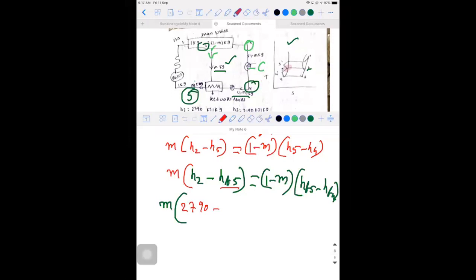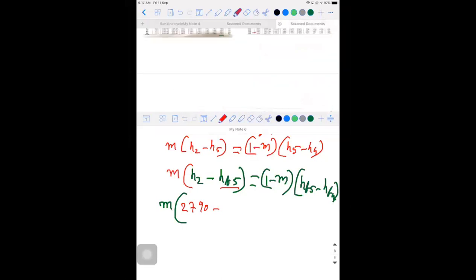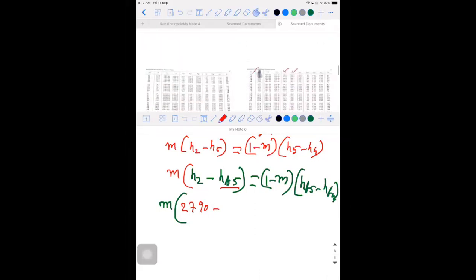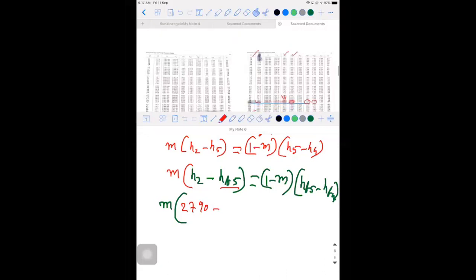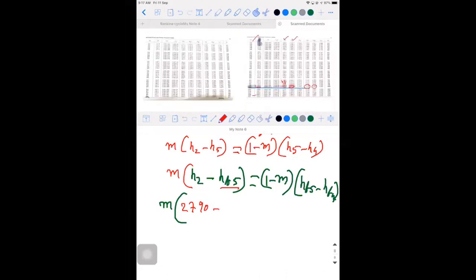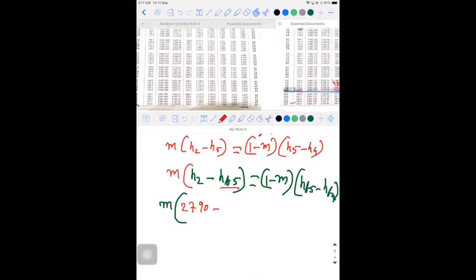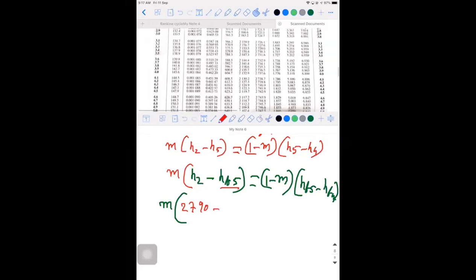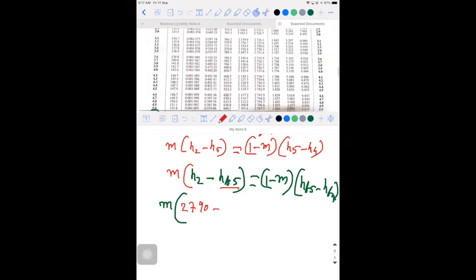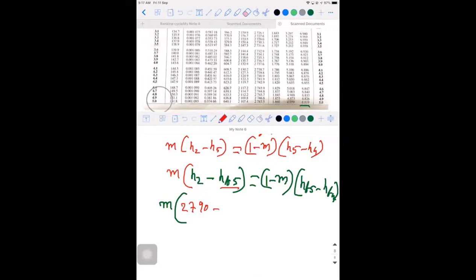P5 is 5 bar. And what is hf5? Again, it is at 5 bar. And the corresponding hf is this much.